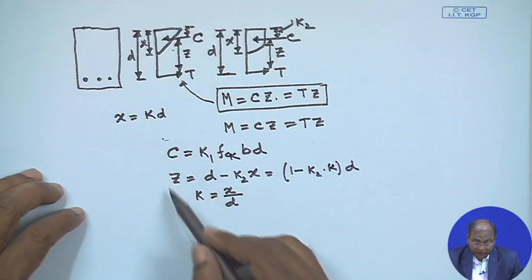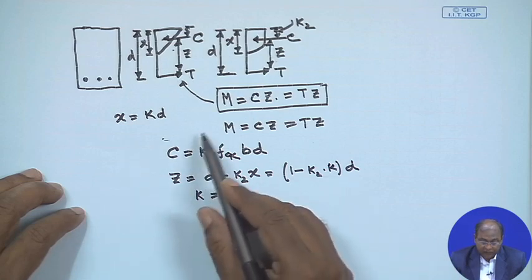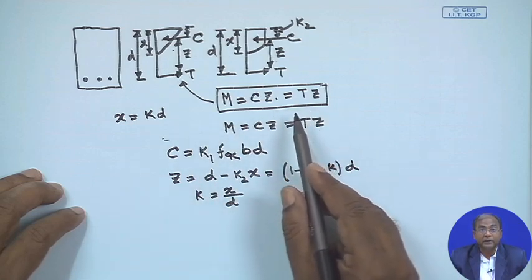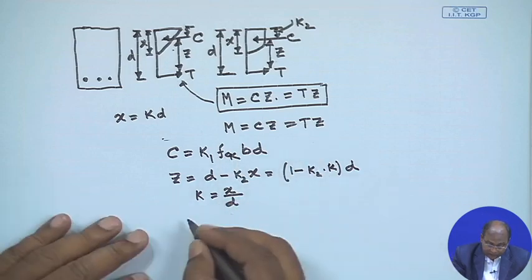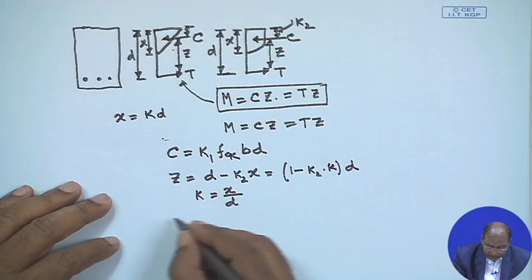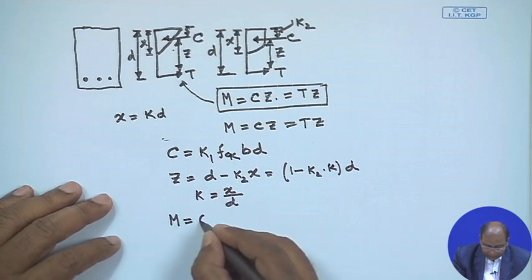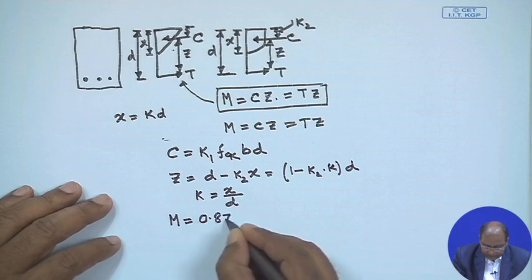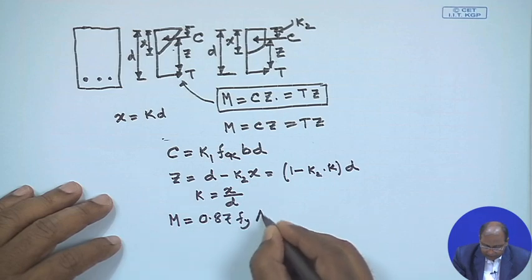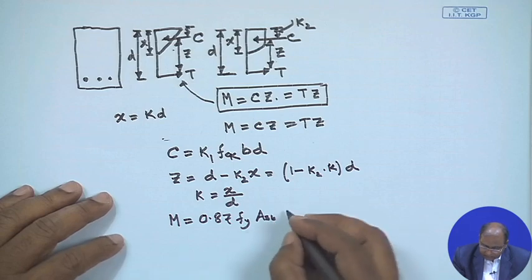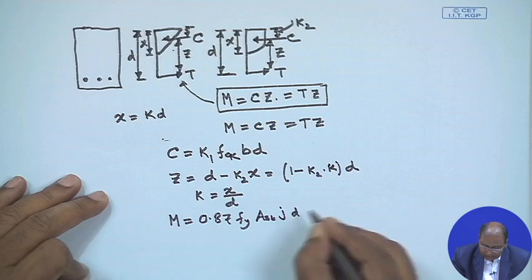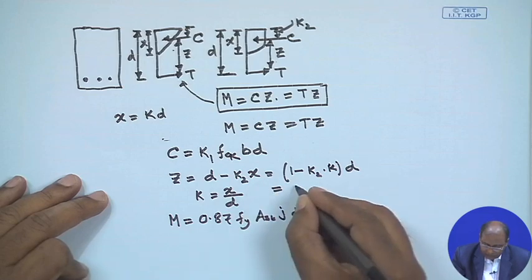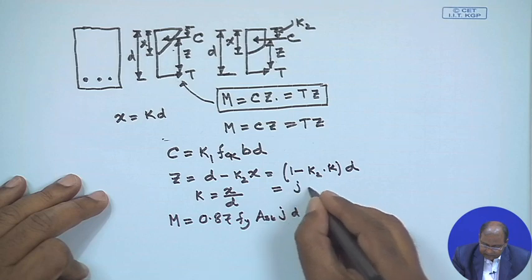So, coming to this particular one, for example, M equal to 0.87 Fy Ast Jd. So, this one we can write down here Jd.